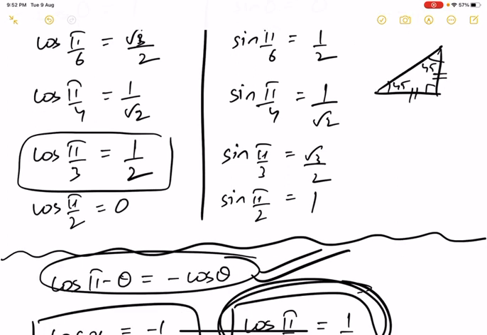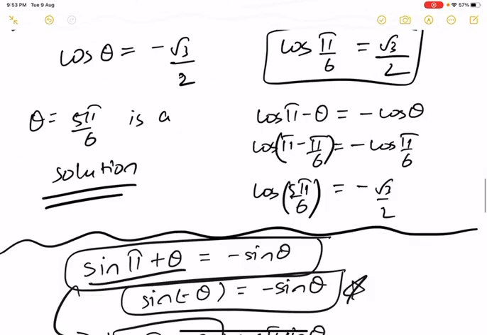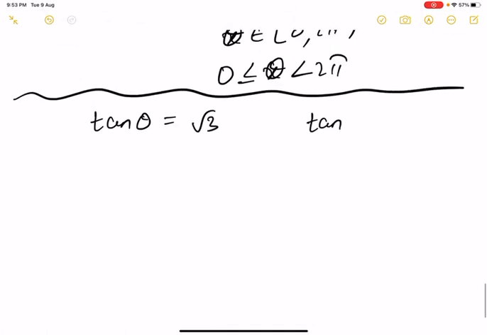So can you see that for pi by 3, if you divide sine pi by 3 with cos pi by 3, you will get root 3? Can you check that? So that is why I can say that tan of pi by 3 is root 3.